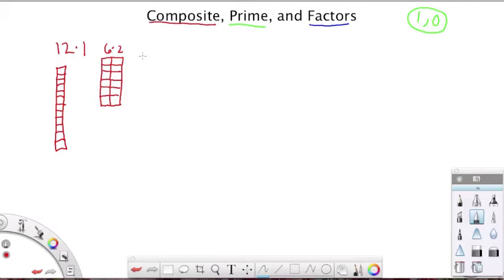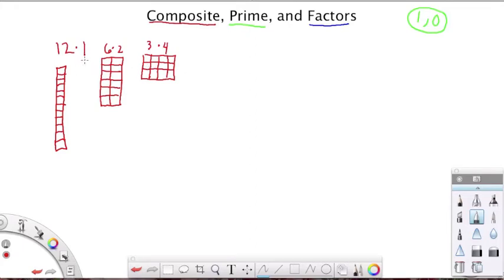And yet we're not done. There's actually another dimension. I can do this to it. And you've already guessed it. This is a 3 by 4 representation of the number 12.